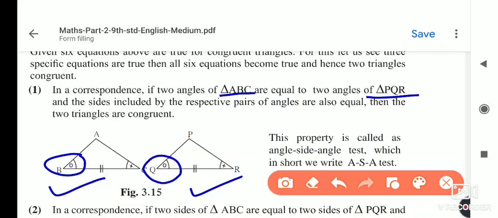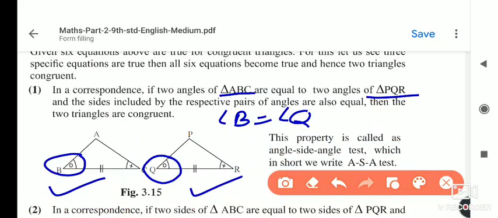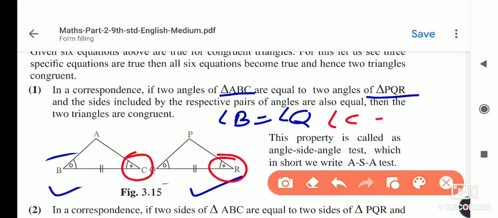It is the congruence sign. It means these angles are congruent to each other, equal in measure. So angle B is equal to angle Q. And C and R have the same sign, which shows angle C is equal to angle R.